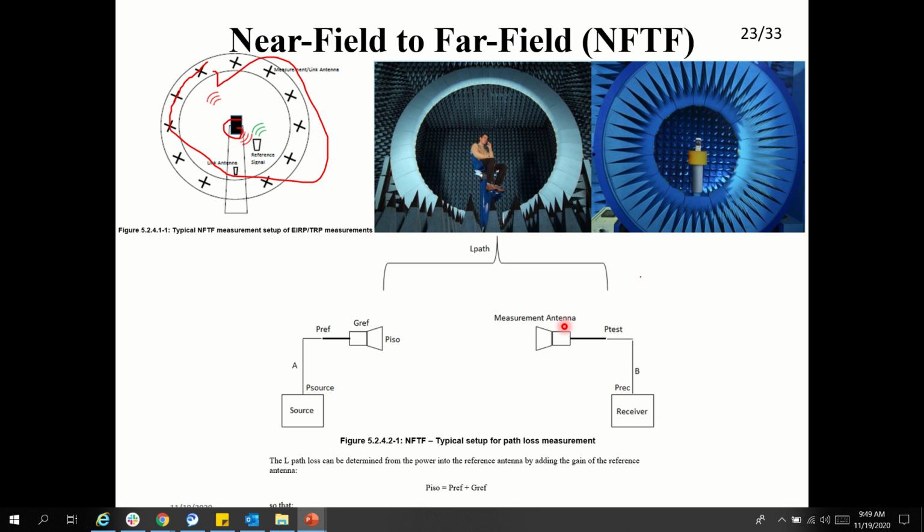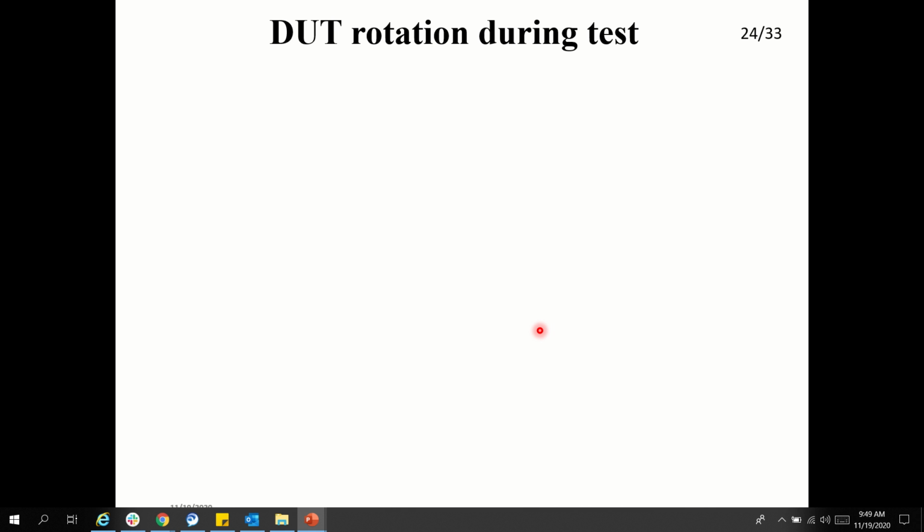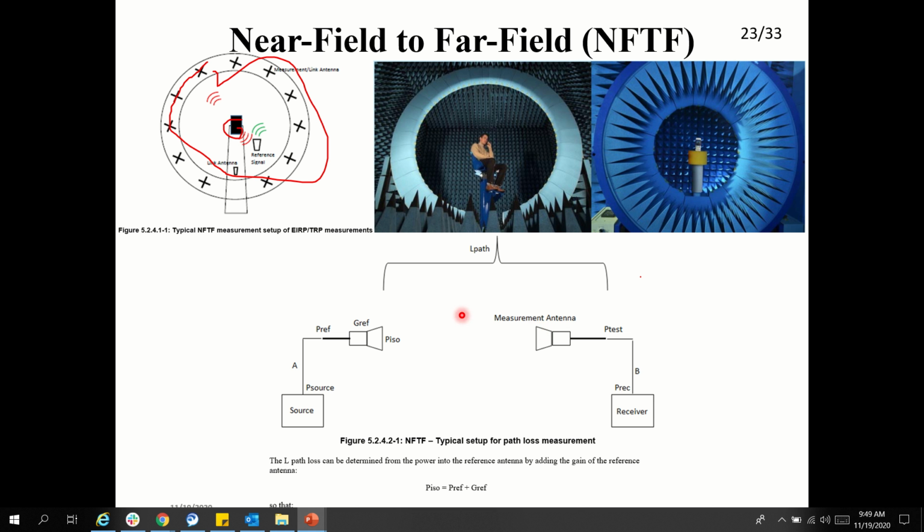You receive this power using the measurement antenna. For example, your intercepted power is this much. From this we can find the gain of this particular antenna: you know these parameters, you are receiving this much power, so what should the gain be? Or else, if this gain is also known, then what is the path loss?